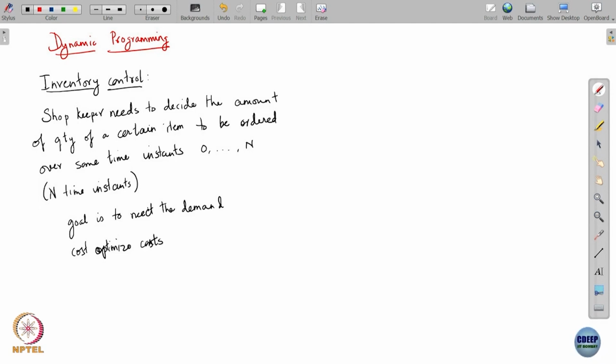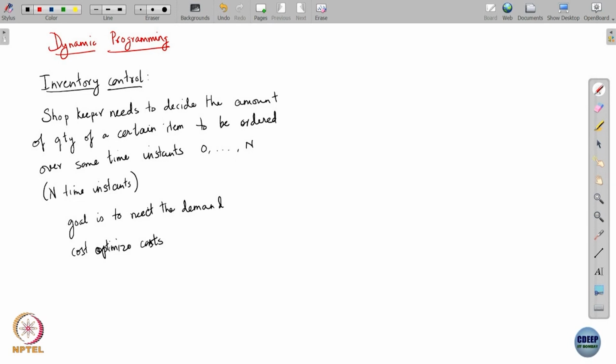You may also have other constraints, such as, for example, storage constraints. You may not be able to store a very large quantity of that particular item. There may also be constraints of, say, perishability, that the item may need to be disposed of before a certain time, and so on.